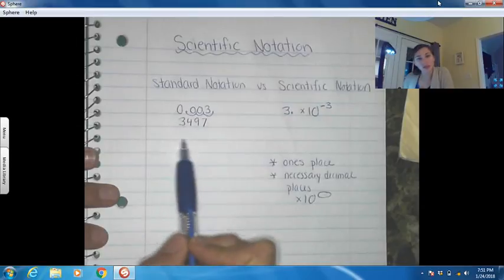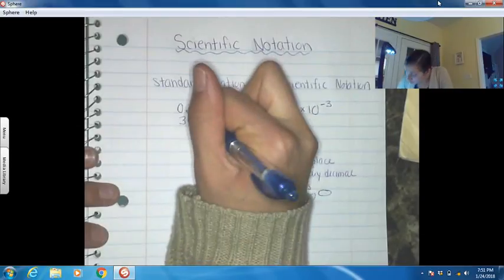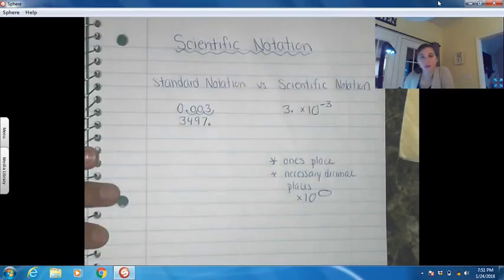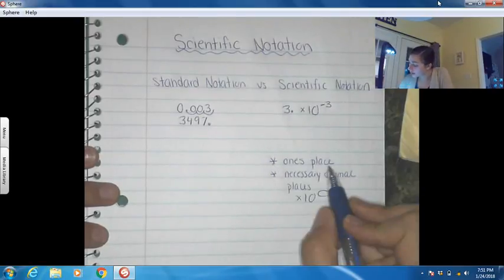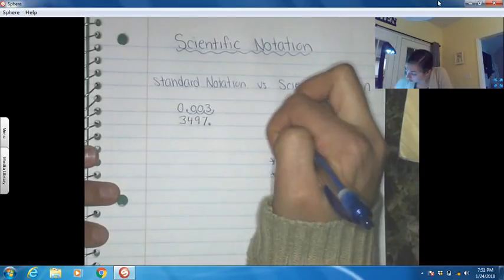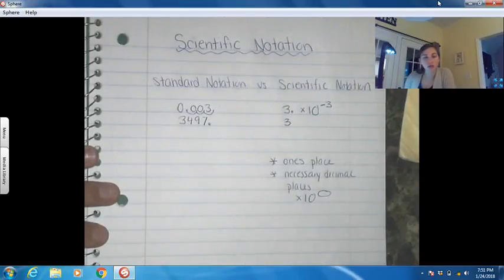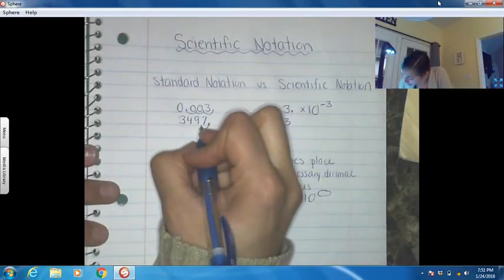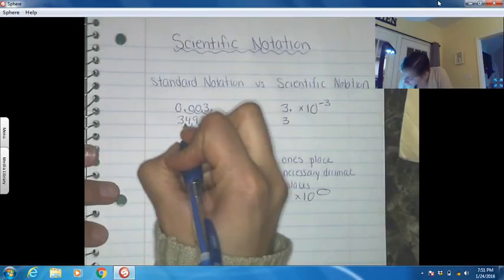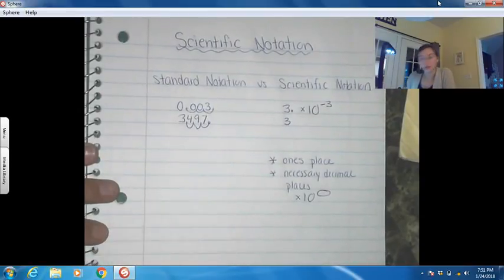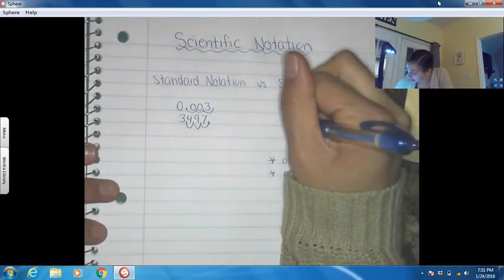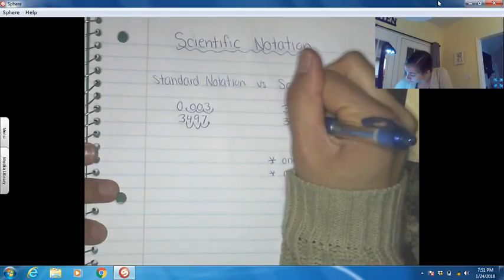Okay, let's look at this example. Here we don't see a decimal place, so we can pretend that there is a decimal place at the end of the number. We can only have a ones place, so the 3 is going to be the only number in our ones place. So let's move our decimal so we'd have 3.497.